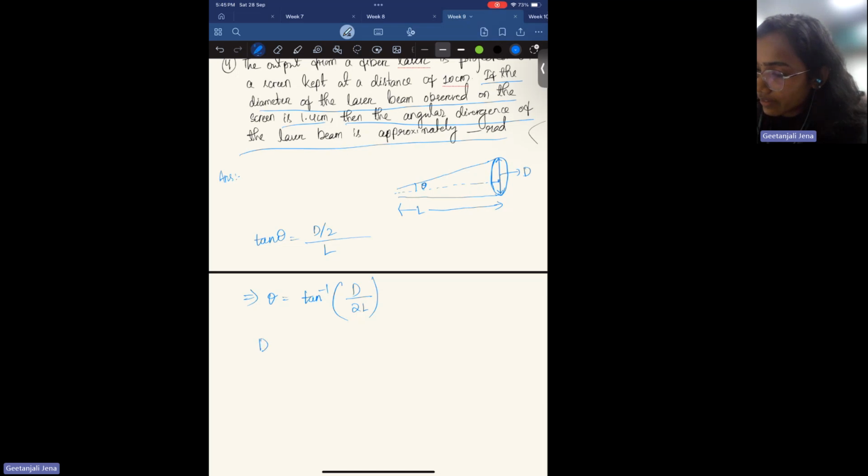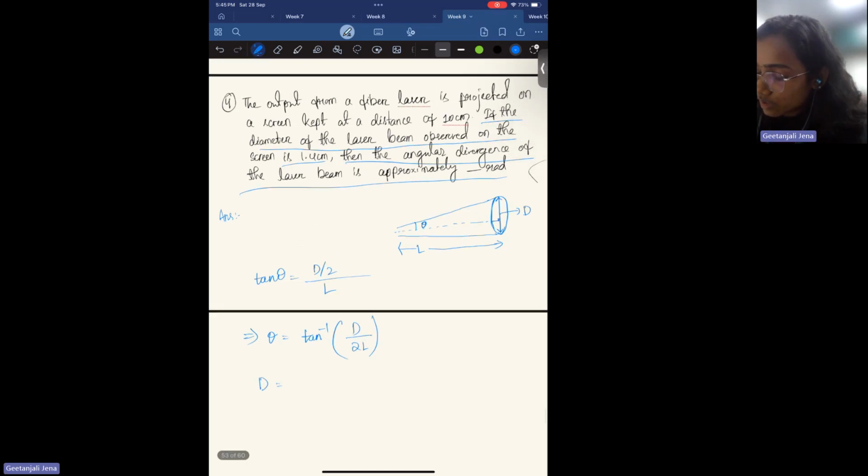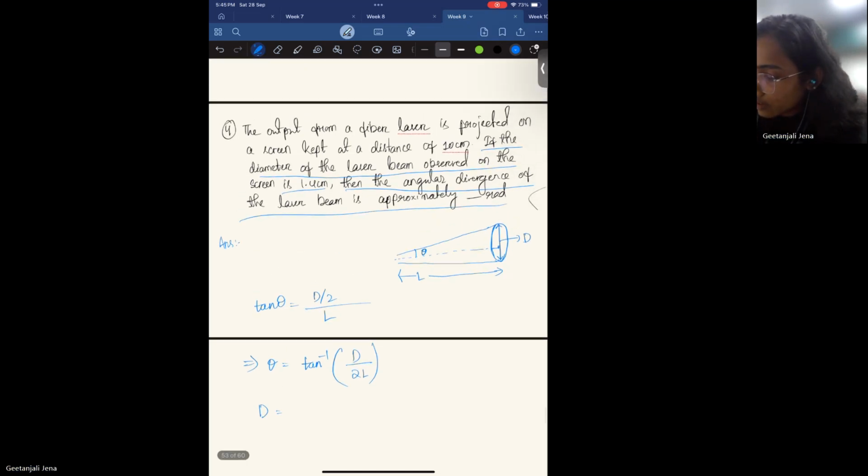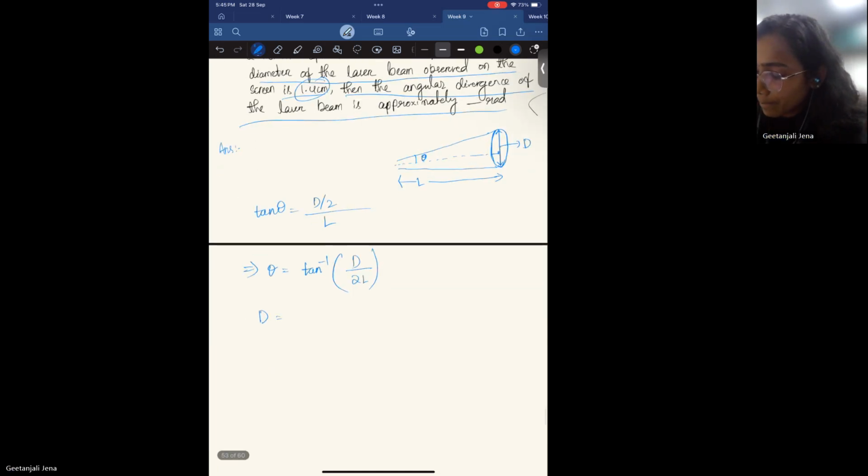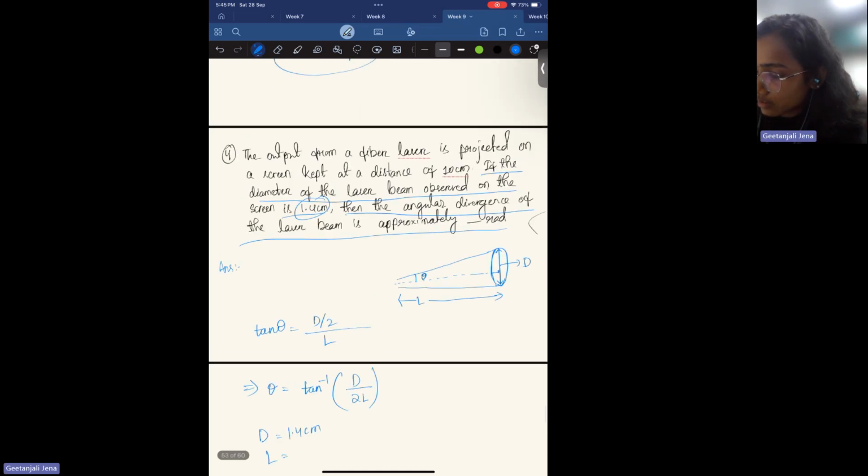And d is already given. So this is the diameter. So diameter is 1.4 centimeter. And the distance L is given, it is around 10 centimeter.